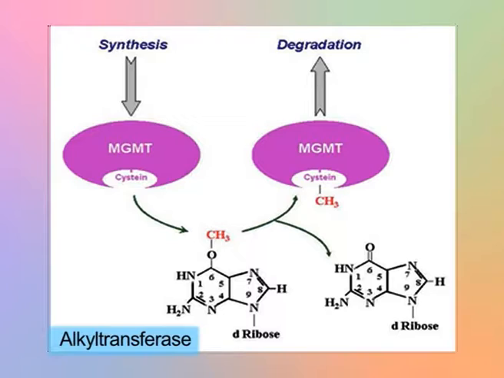Having a cysteine residue consensus sequence, it accepts the methyl group from the damaged O6 methylguanine. But the problem is that it is a suicide enzyme. After accepting the methyl group, it is sent for ubiquitination and proteasome mediated destruction. So that is very wasteful.